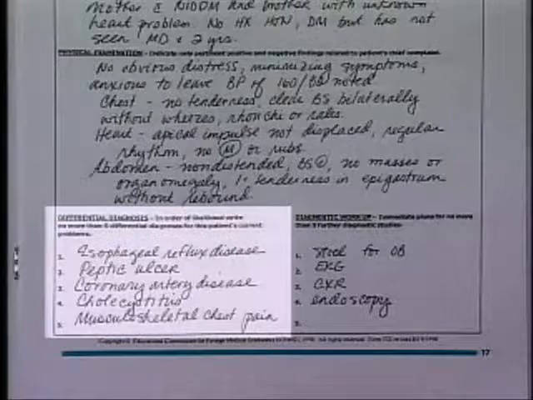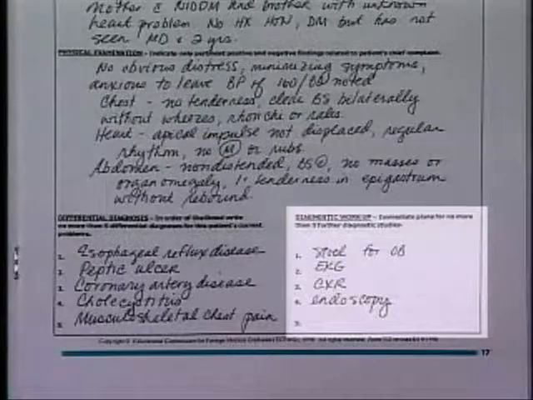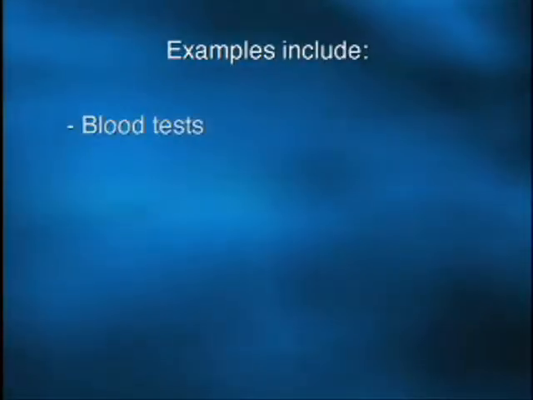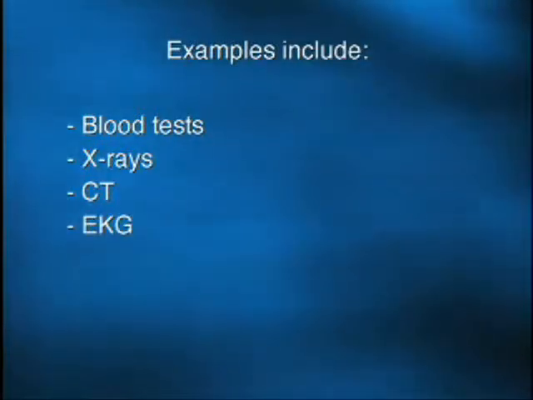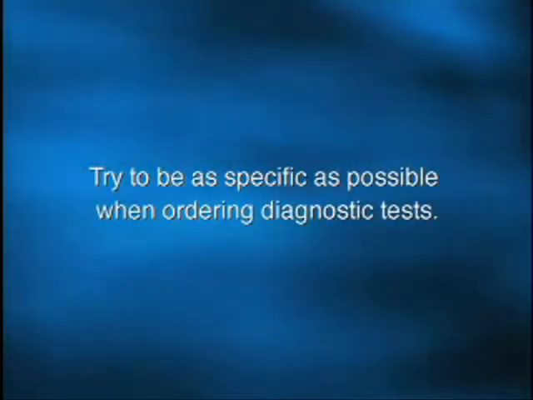List up to 5 diagnoses in the approximate order of likelihood, and remember, these are common cases. The diagnostic workup should represent the first-line tests you would like to use to narrow down your differential diagnosis. Examples include blood tests, X-rays, CT, EKG, urine analysis, diagnostic procedures. Try to be as specific as possible when ordering diagnostic tests.